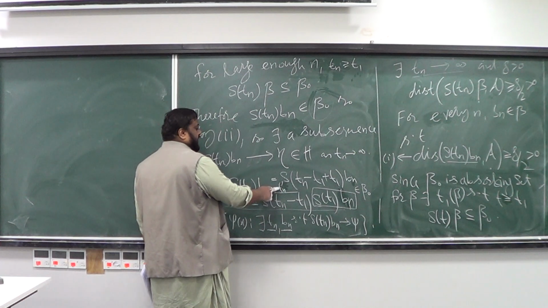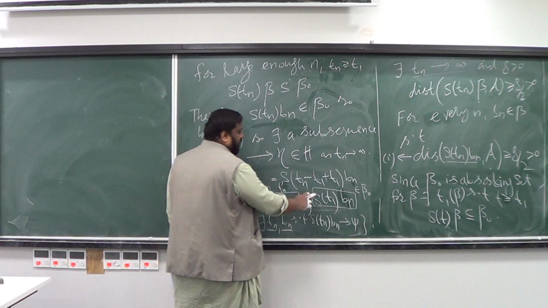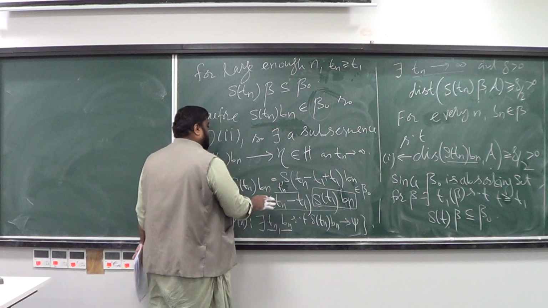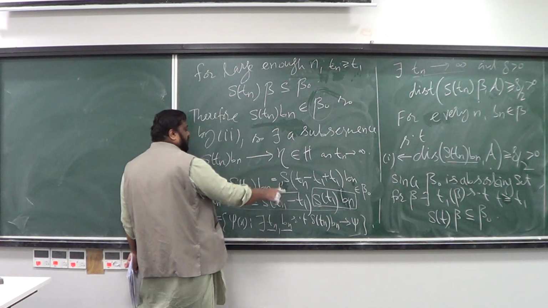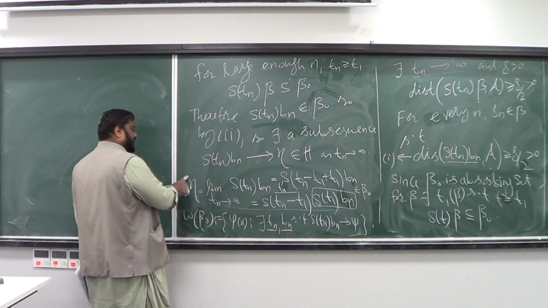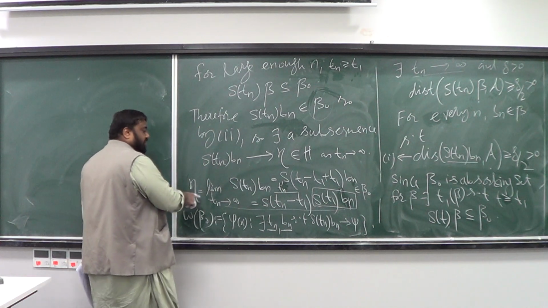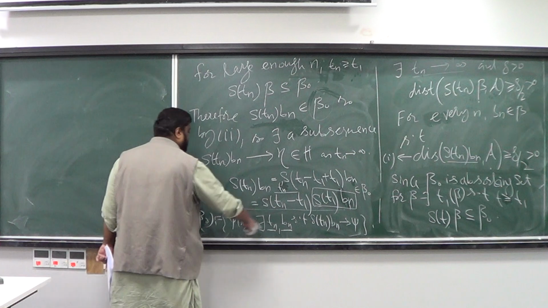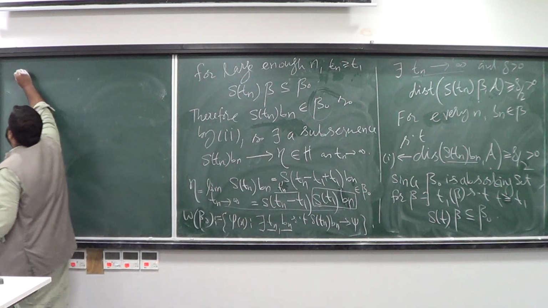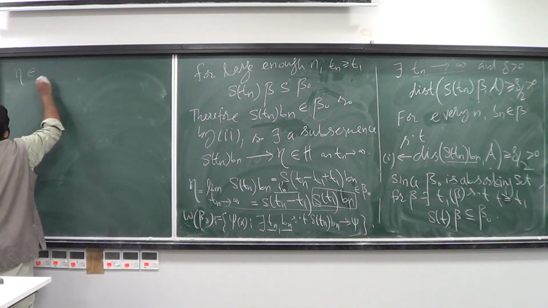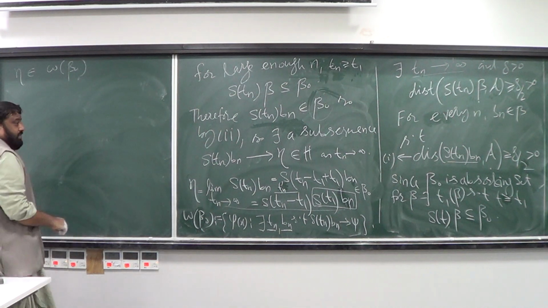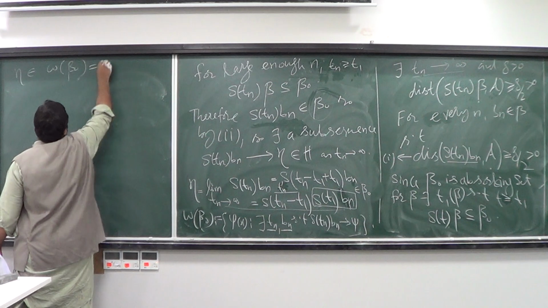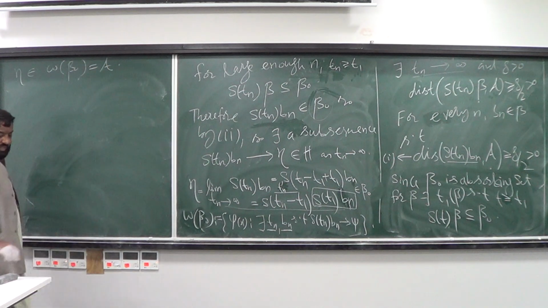That S of Tn prime operated onto this, as Tn prime goes to infinity, converges to eta. So if you have this limit, then from the definition it follows that eta belongs to the omega limit set of B naught, which is the global attractor A.